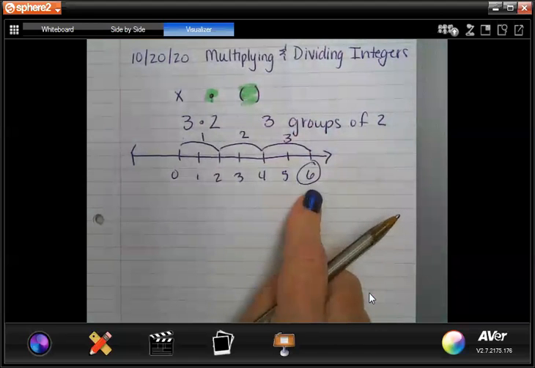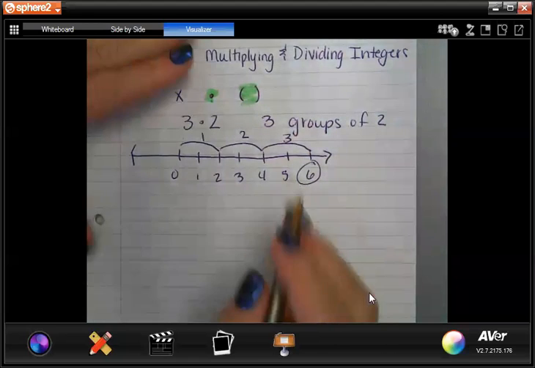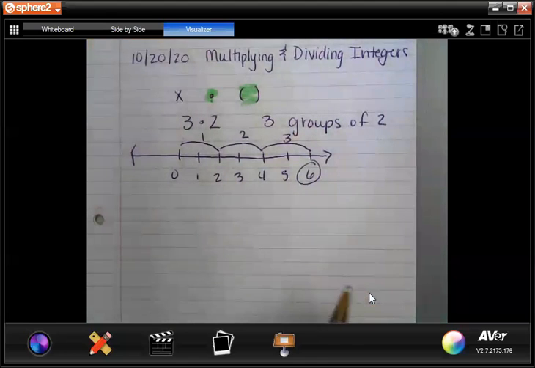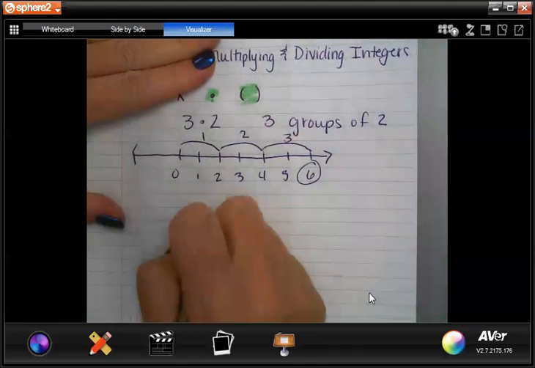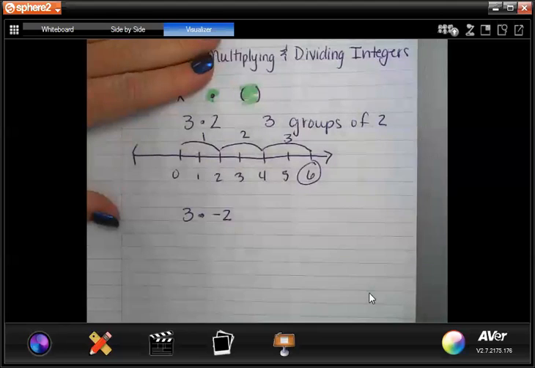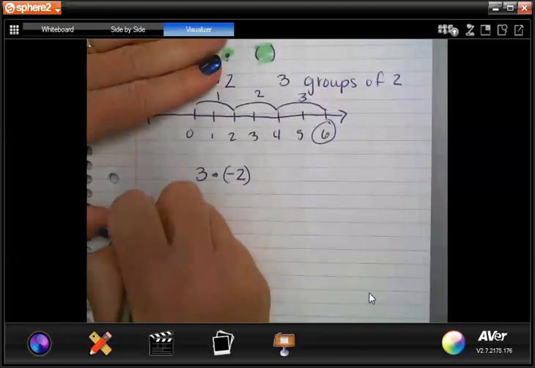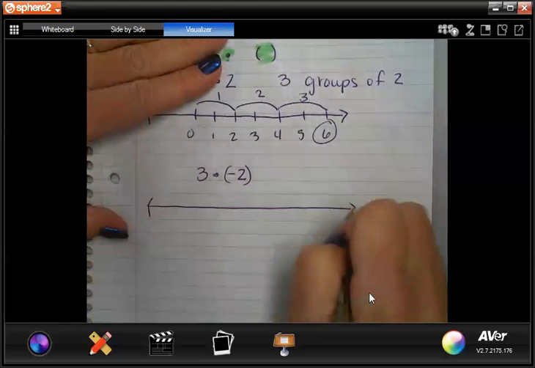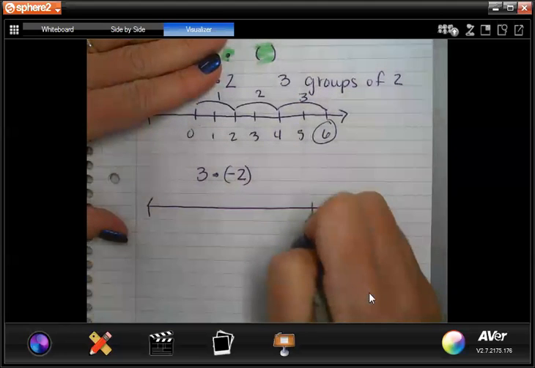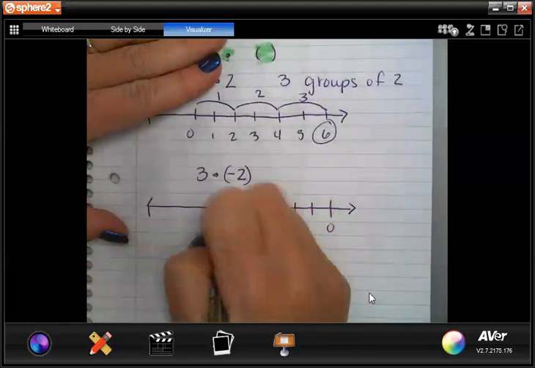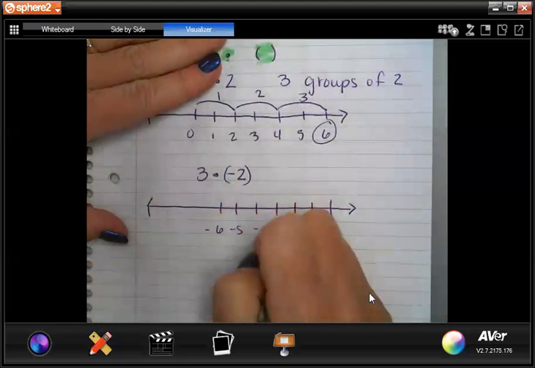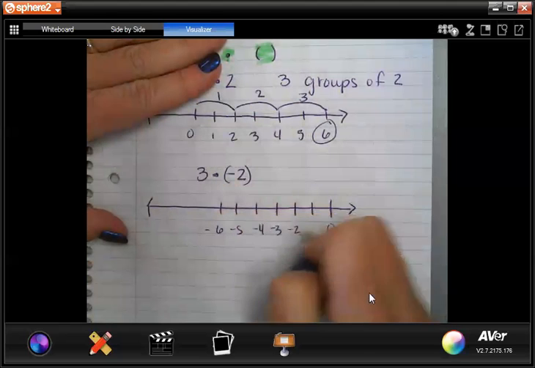Okay? So now I want you to look at this. What if I said that we had 3 groups of -2? So 3 times -2 on a number line would look like this. Sorry, it takes me a second to draw out my fabulous number line.